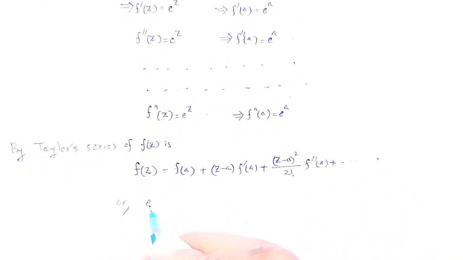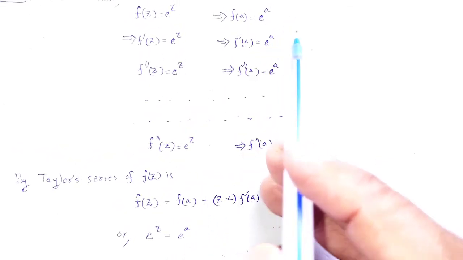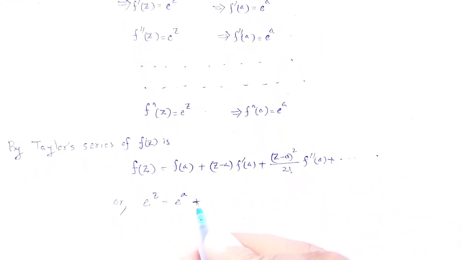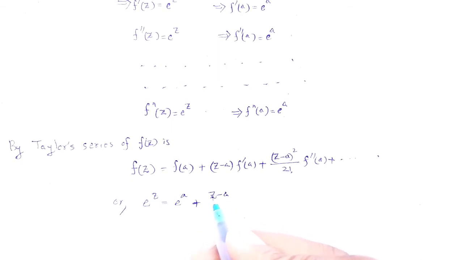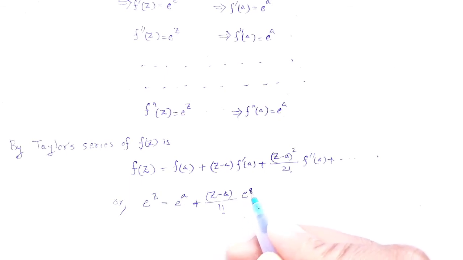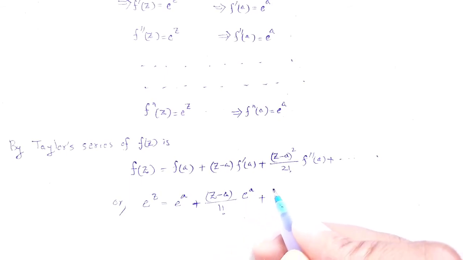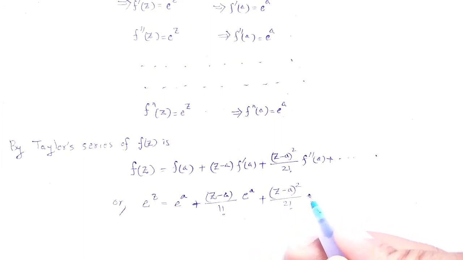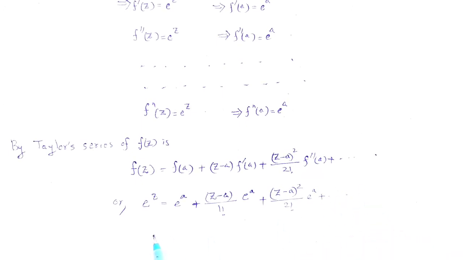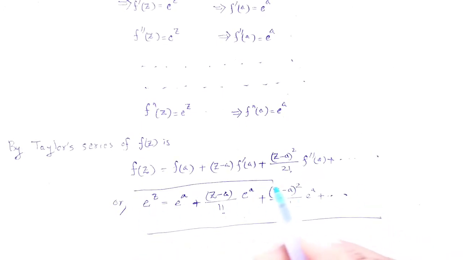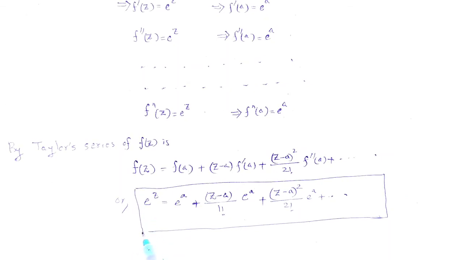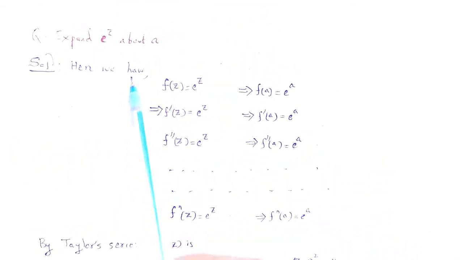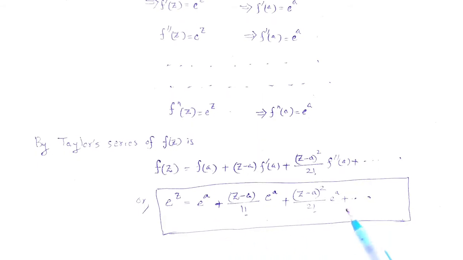Here f of a is e to the power a, so we get e to the power a plus z minus a divided by 1 factorial e to the power a plus z minus a square divided by 2 factorial e to the power a plus dot dot dot. That is the expansion of the given function about the point a.